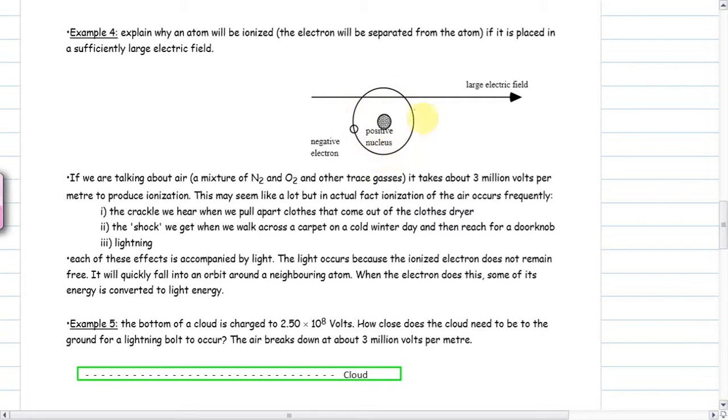So the whole atom itself is neutral. And we're putting it in a large electric field. Okay, so the E field is large.